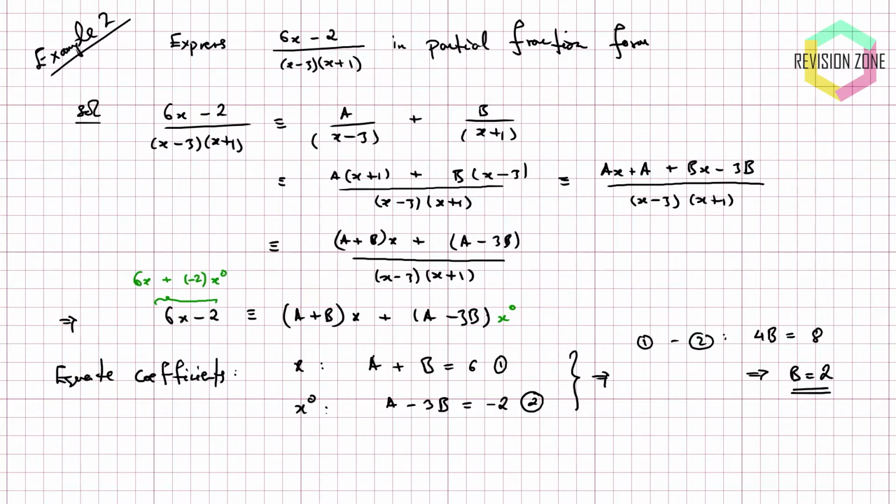And since I have a value for B, I go back to my equation 1, then I can say 1 implies that A is 6 minus B, which is 4.